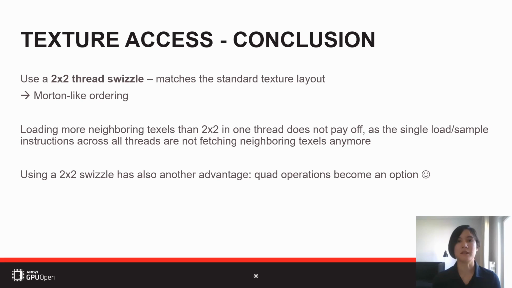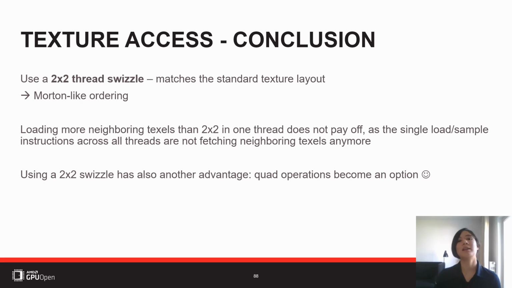We have so many threads: one thread group issues the first sample instruction, then has to wait, so the next thread group already issues its next one, and you really get scattered access behavior. If you just stick to a 2x2 quad per thread per single instruction, and the neighboring thread accesses the neighboring 2x2 quad, then you have a sample instruction which is really accessing neighboring pixels. So just be aware of that.